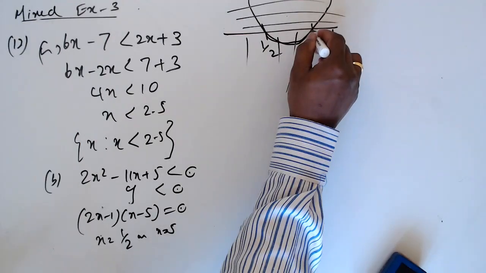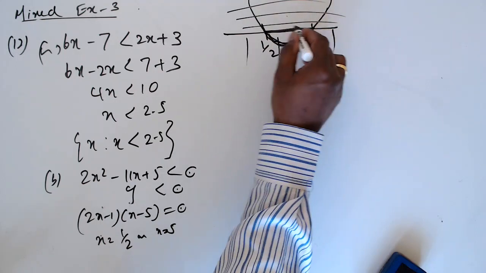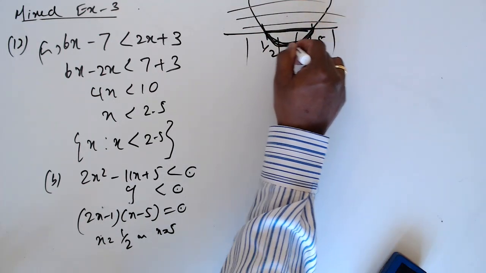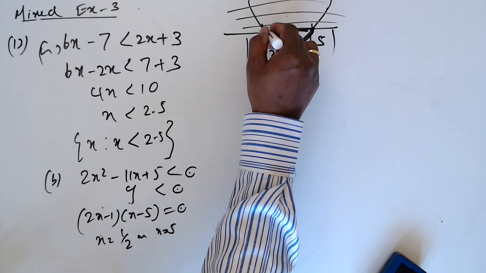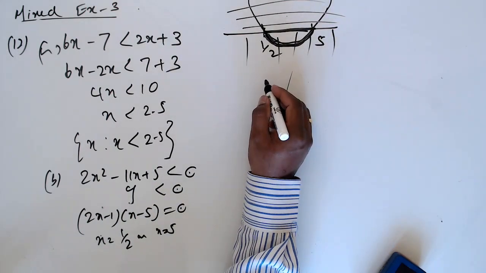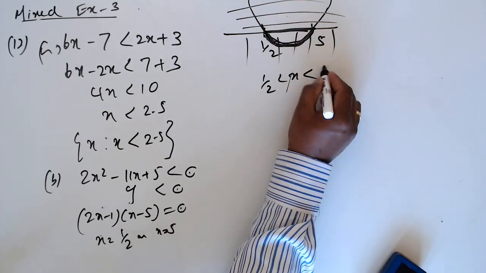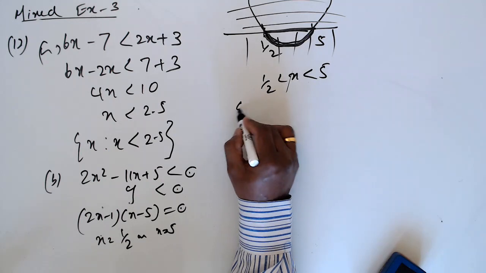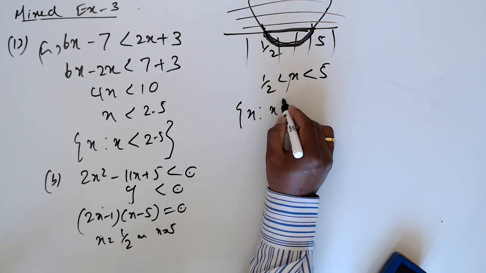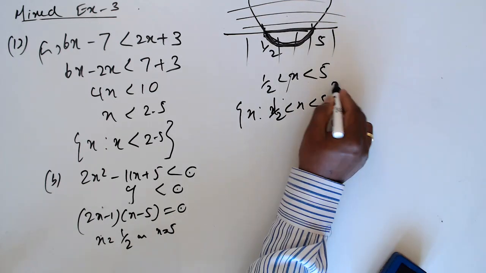So in terms of x, you can find that the negative graph part is when you travel from half to 5. So the answer is half greater than x greater than 5.